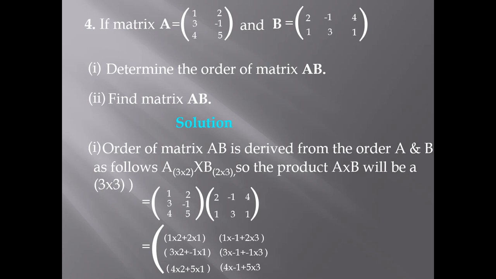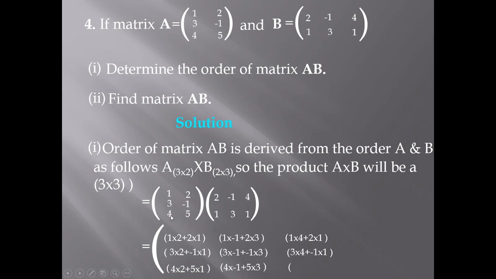We have not exhausted all. We still have this column here. So we shall take 1 times 4 plus 2 times 1. Now we continue. 3 times 4 plus negative 1 times 1.